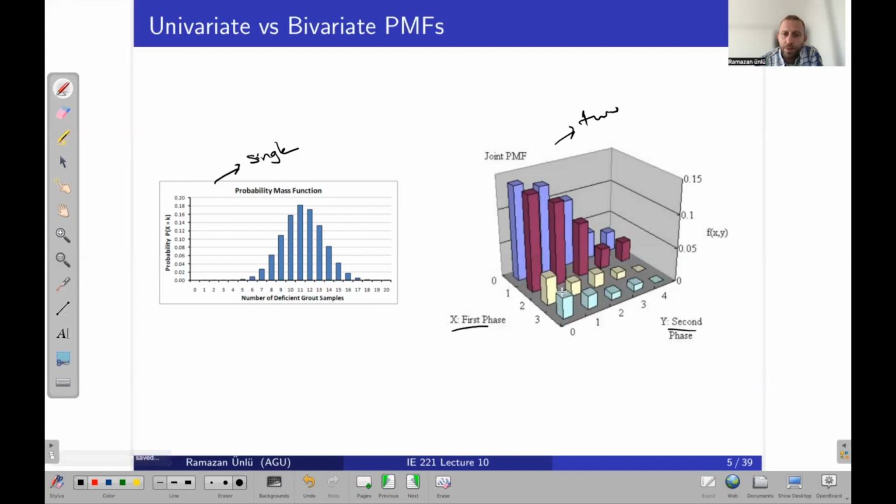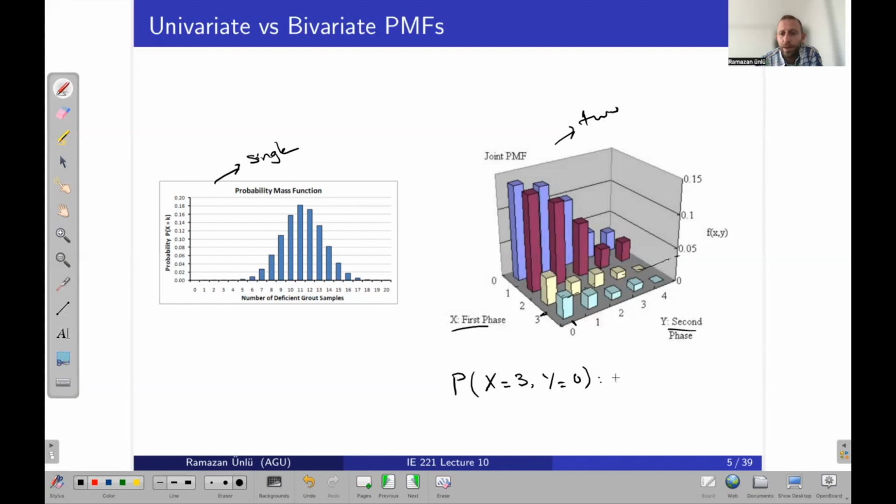For example, this one represents x is 3 and y is 0, which is simply the probability that X is equal to 3 and Y is equal to 0.